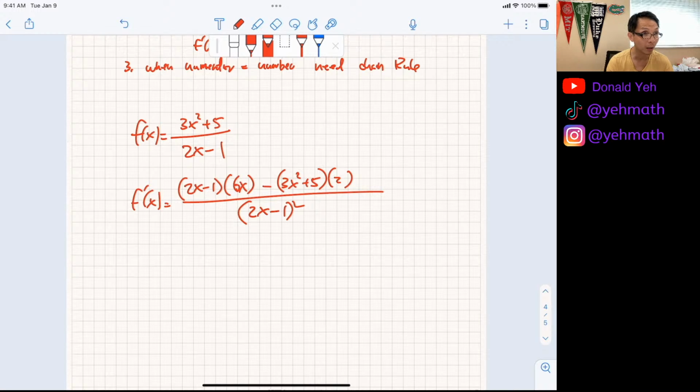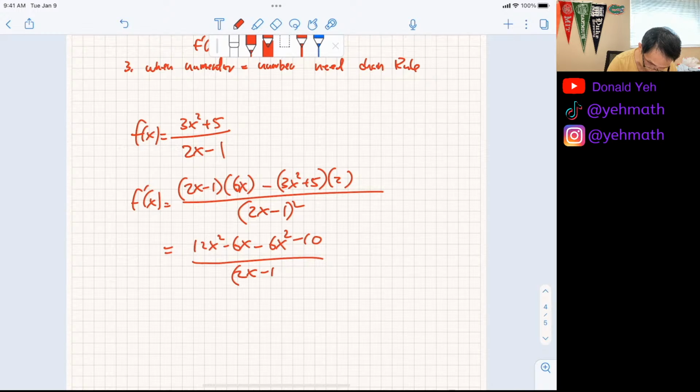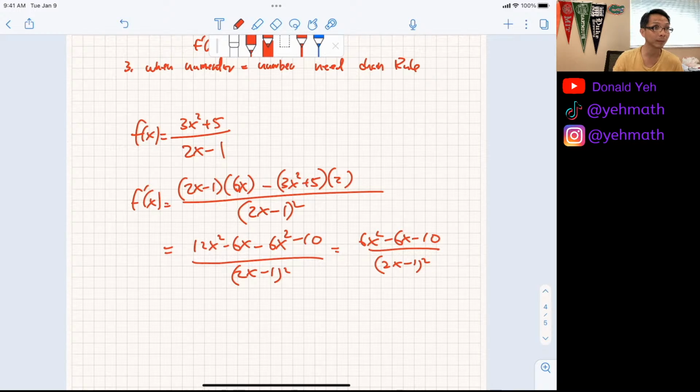I don't know. 12x squared minus 6x minus 6x squared, right? And the minus 10 over 2x minus 1 to the square. That's equal to 6x squared minus 6x minus 10 over 2x minus 1 to the second. And that's quotient rule. Is this hard? Nope. Okay. So chain rule is going to be one that's kind of a pain in the butt. But we're not going to deal with chain rule until Monday anyway.